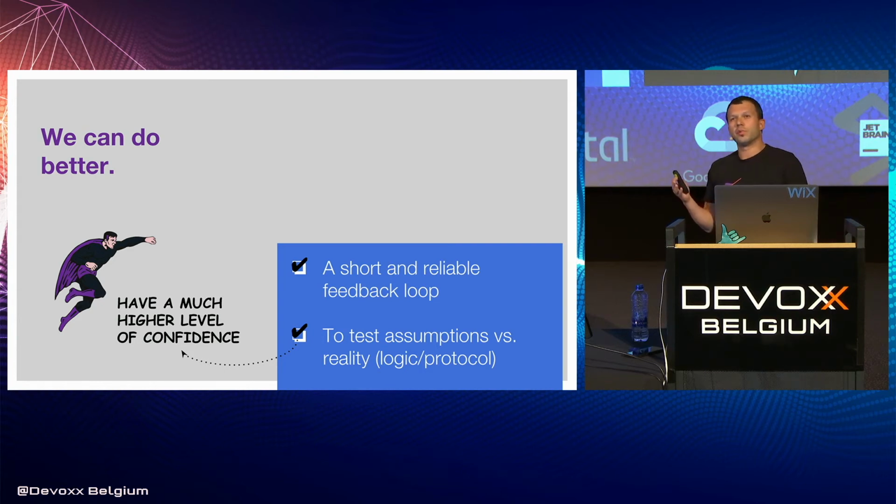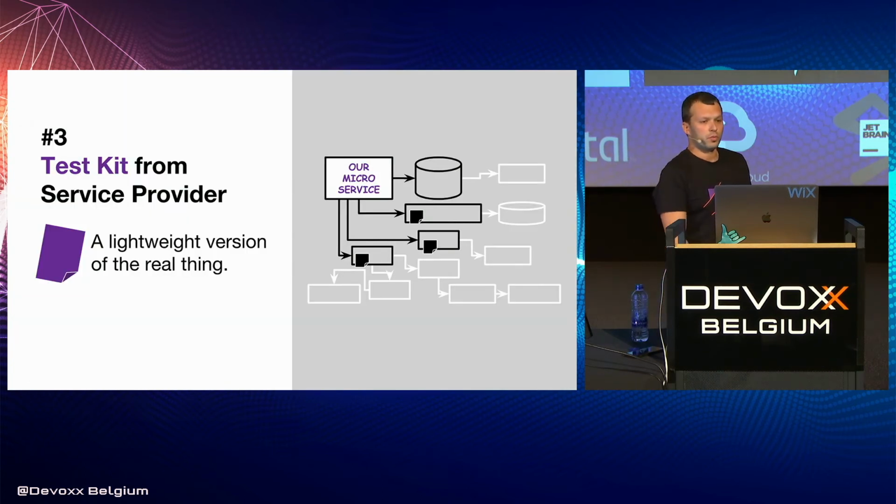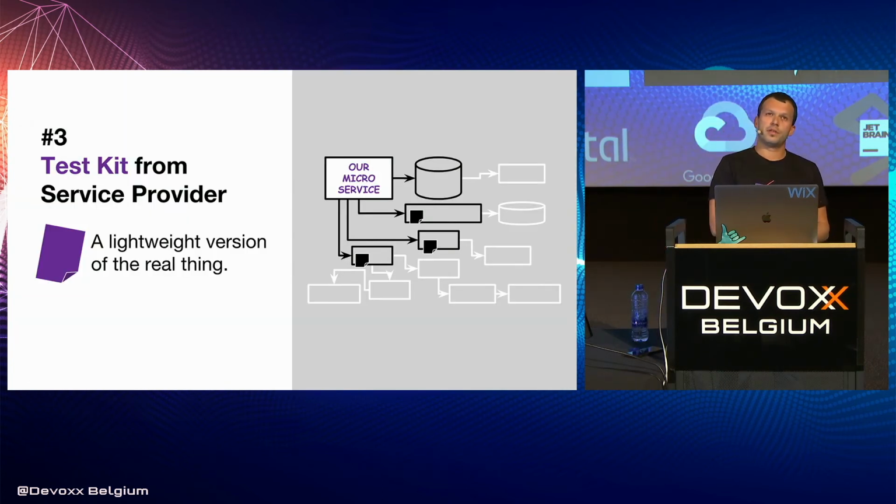Because we know that integration between teams is a very costly process, and we want to improve it. So the idea here is to move the responsibility to the service provider. So far, we saw a method that the service consumer can do himself.